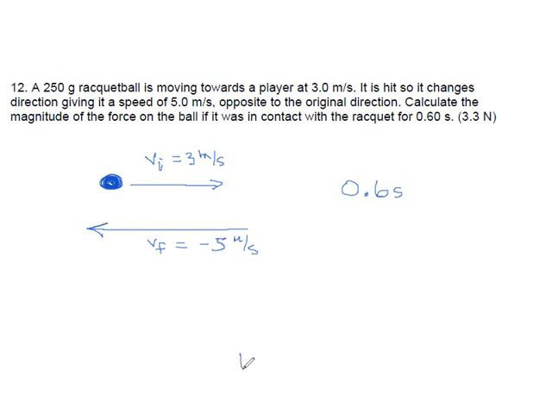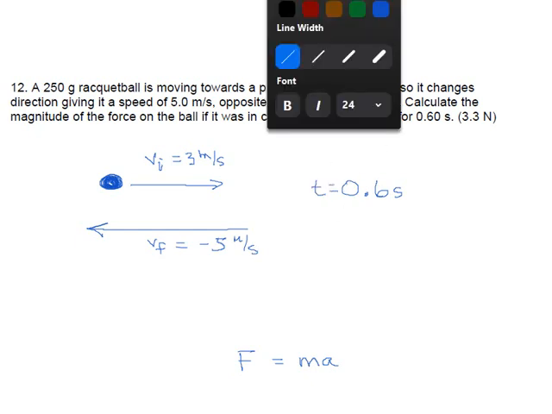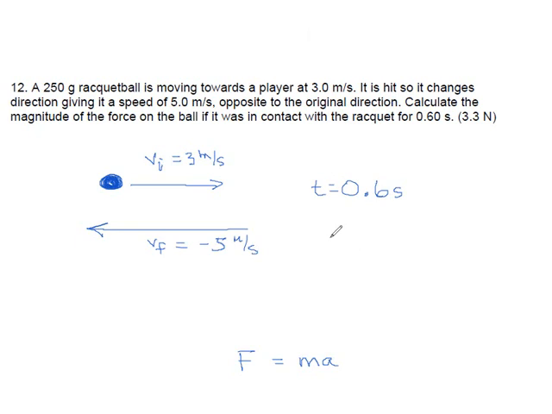And they want force. Well, we know we can get force from F equals ma, which would be fine as long as we had an acceleration. And we can get an acceleration because acceleration equals Vf minus Vi over t. Or on your sheet, you may have learned it as delta V over delta t, which means the same thing. How much did your speed change divided by how long did it take?